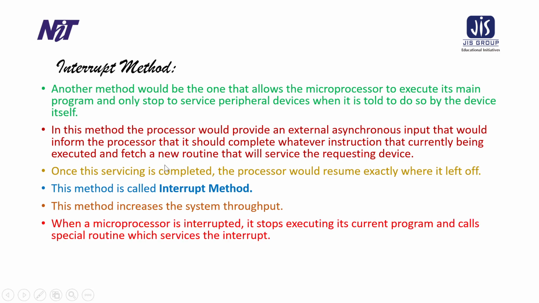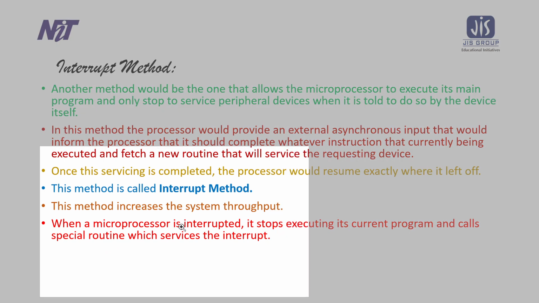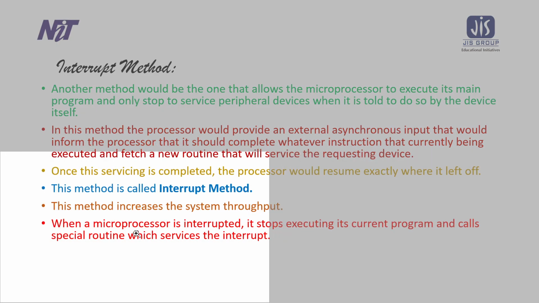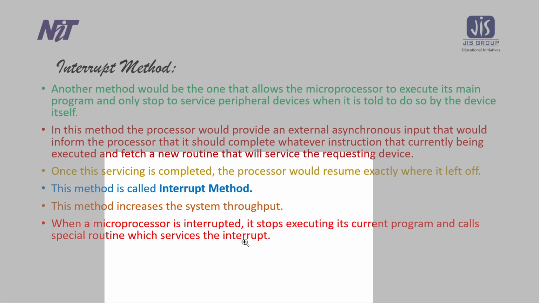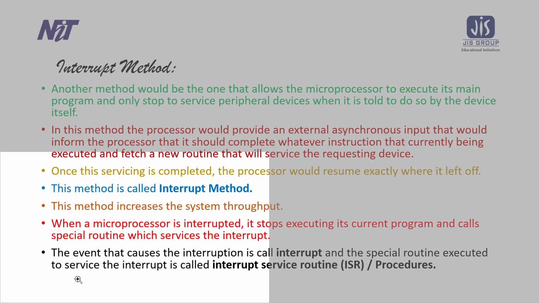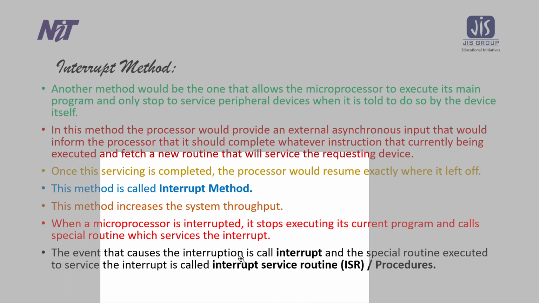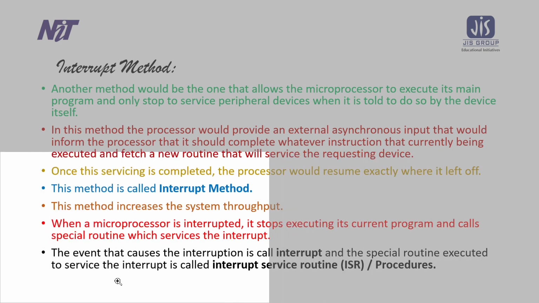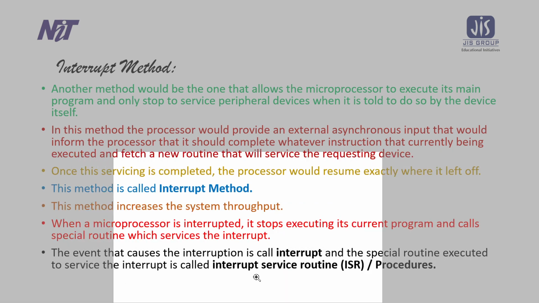When the microprocessor is interrupted, it stops executing the current program and calls the special routine which serves the interrupt. It is very important: the event causing the interruption is called the interrupt, and the special routine executed to service the interrupt is called the interrupt service routine.